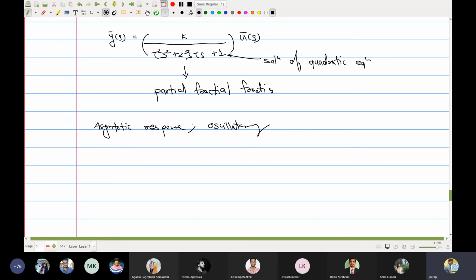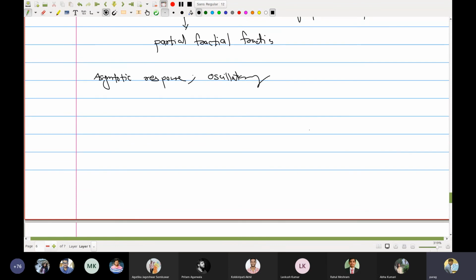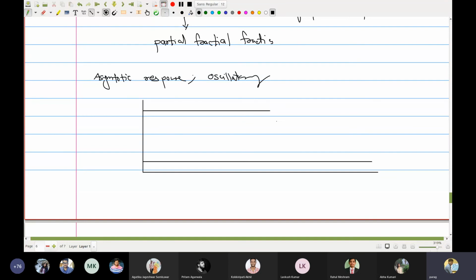So on the whole, you see that second order systems can show oscillatory response between two steady states also. Let me draw it. You have steady state 1, the initial steady state, and steady state 2, the final steady state.